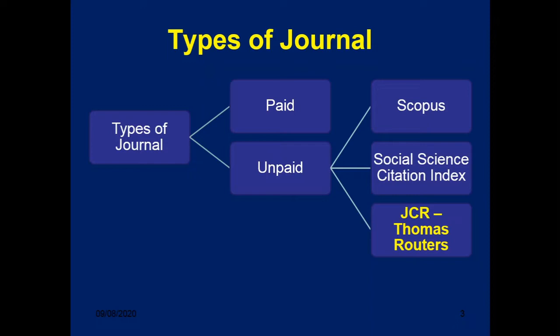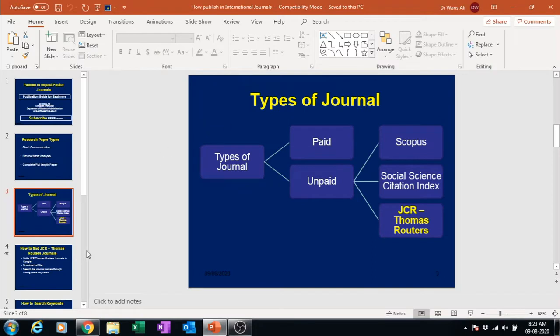That is more reliable, more authentic. You need to target this JCR Thomson Reuters list. That is very important. So first you need to target unpaid journals, and within the unpaid journals you need to look into the Thomson Reuters list. That's what you need to do.